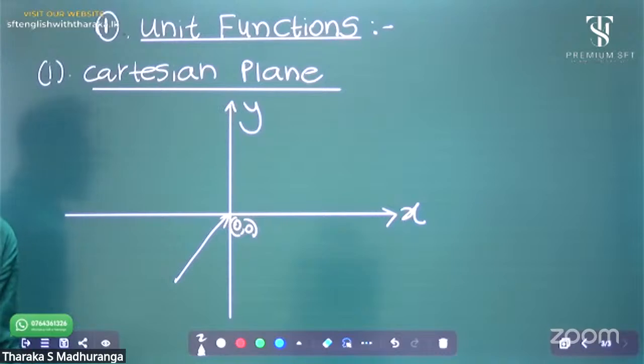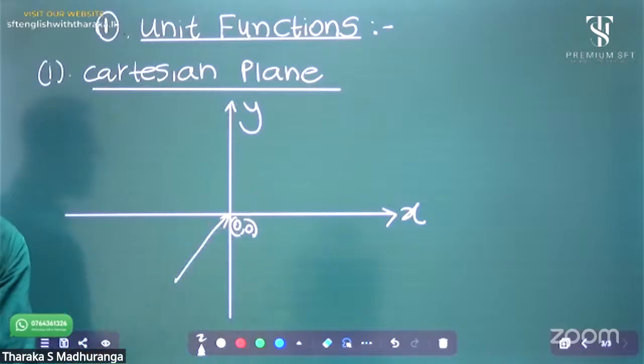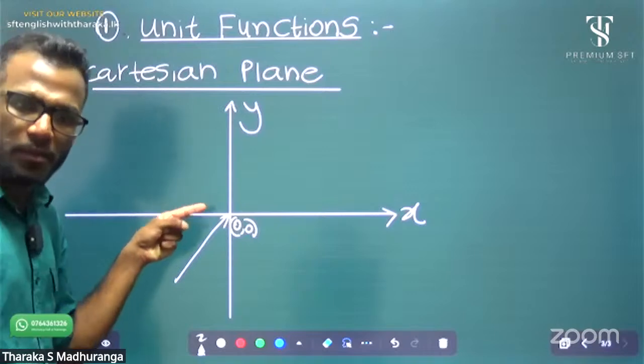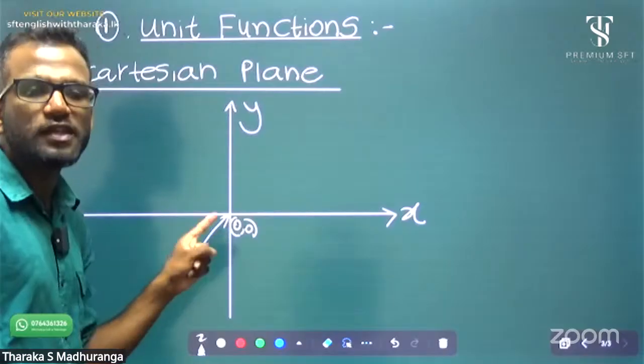What do you think? What's the name of this cutting point, or intersecting point, of the x and y axes? Origin? No, not the origin. That is called the initial point, because both x and y coordinates start from this point. It is 0, 0.